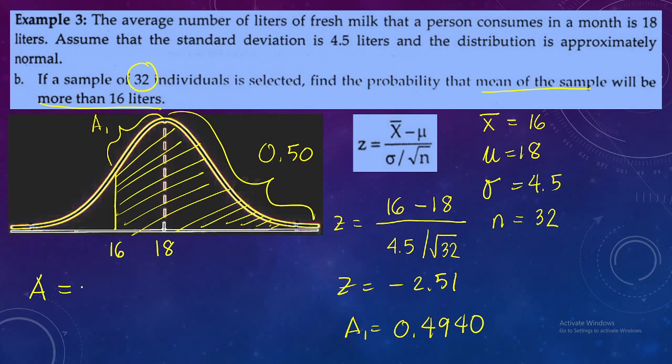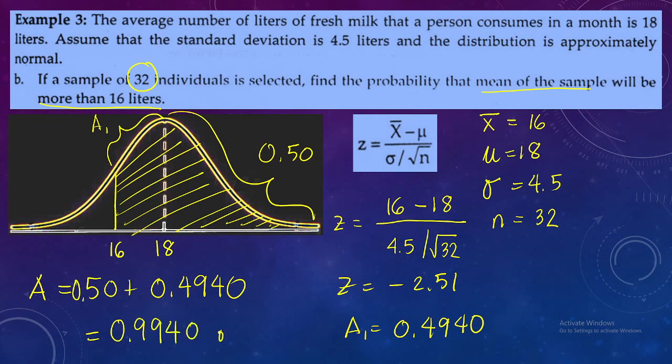Add, sir. Add. So 0.50 plus 0.4940. And how much is that? 0.994, sir. Okay. Or 99.4%.